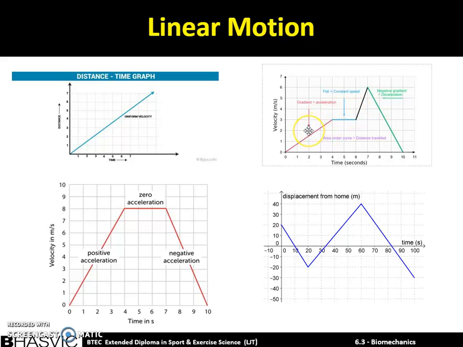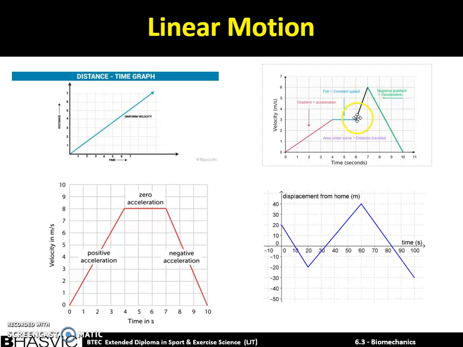This graph here shows a velocity over time graph for a constant acceleration of the object. So this first part of the graph shows the gradient is equal to the acceleration, as acceleration is equal to the change in velocity over the time taken. This flat section here shows that there's a constant velocity, as it is staying at the same velocity over a period of time.